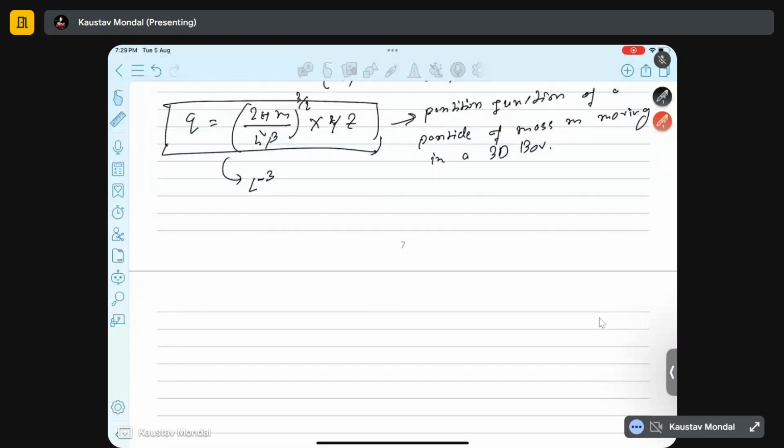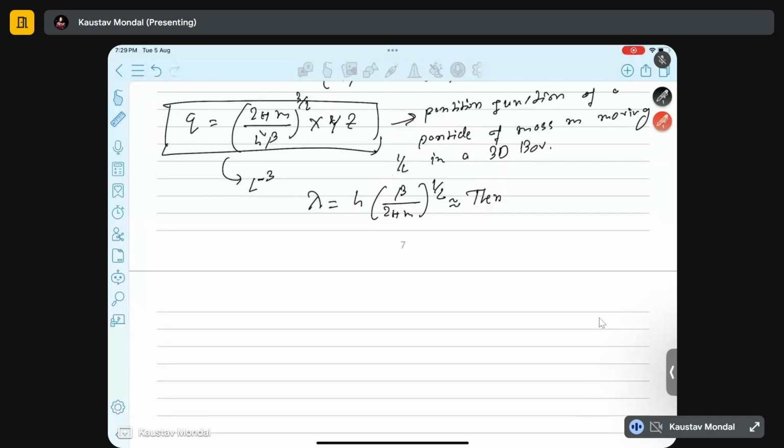Lambda is h over 2 pi m over beta to the power half, which has the unit of L. Not 1 by L, this is length.